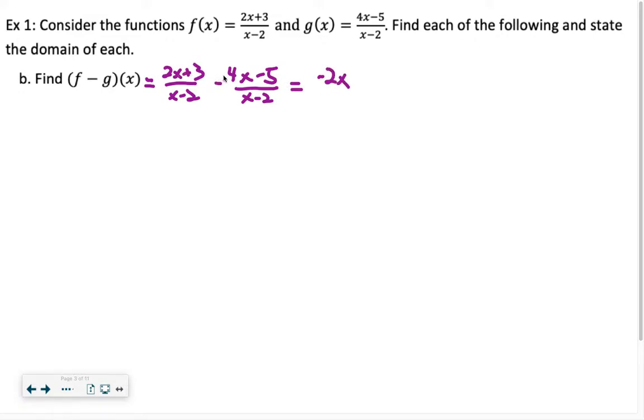And 3 minus -5. I've got a double negative there. So that would really be 3 plus 5. So that would be 8. And again, the denominator doesn't change. So the domain is going to be the exact same as addition. Right? It'll be negative infinity to 2, skip 2, and then 2 to infinity.